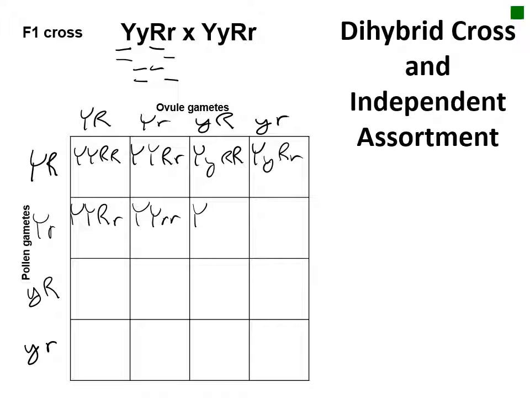You will notice as I do this that I'm putting the alleles for each gene together because it is easier to read the zygote phenotypes afterwards.